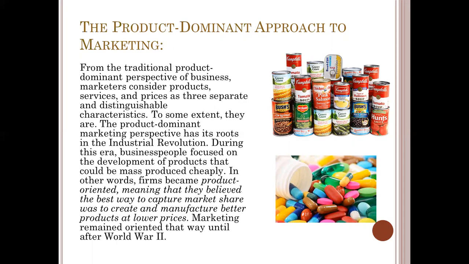Marketing remained oriented that way until after World War. So we have here some products that are mass produced cheaply. We have here canned goods and generic medicine since the Industrial Revolution had begun.